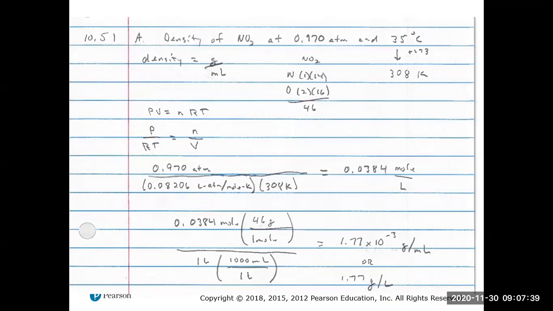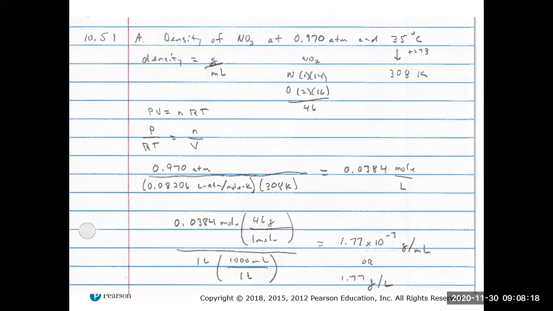10.51. Let me find that one here. Okay, in 10.51, they're asking us to calculate the density of NO2 gas at 0.970 atmospheres and 35 degrees C. So a couple things that we needed to do.